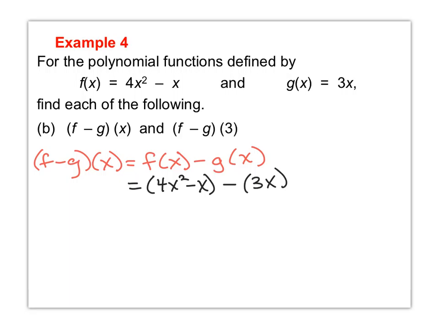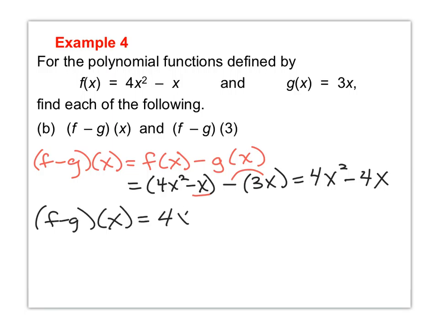By combining like terms, we see that the only two like terms are this minus x and a minus 3x. So we can simplify that to get 4x squared minus an x and minus another 3x is minus 4x. So our f minus g of x can be written as 4x squared minus 4x. That would be our answer for the first part of this example.